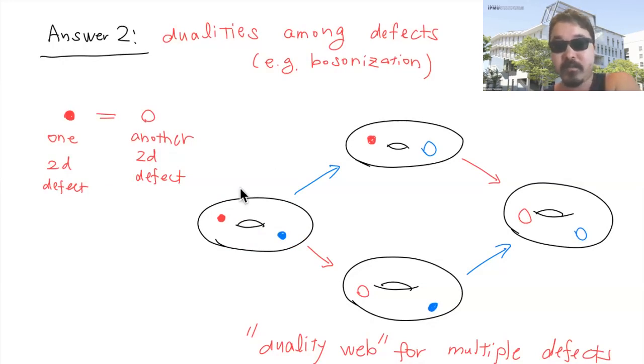And then once you have that, you can apply the bosonization or some duality for each individual surface defect. Here in this example, we have two surface defects, and you can apply the duality for each of the defects, which means that we have not just a single duality, but actually 4 duality frames. So we have a chain of dualities, which we call the duality web.